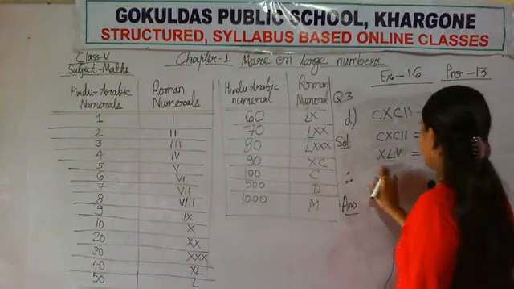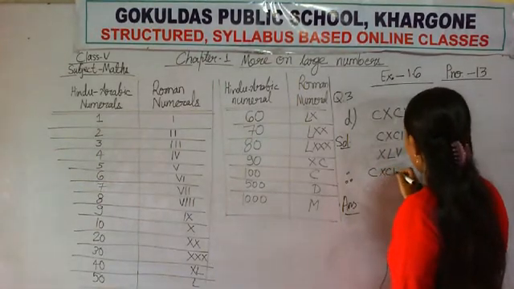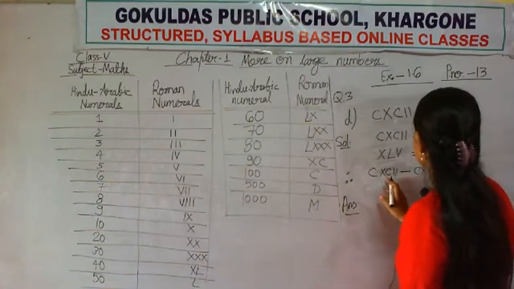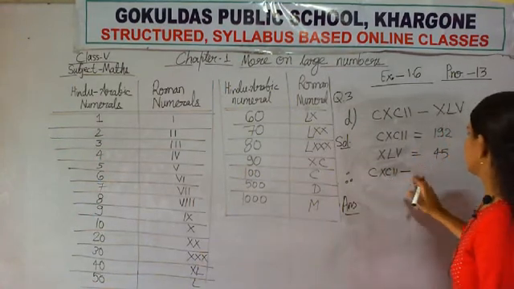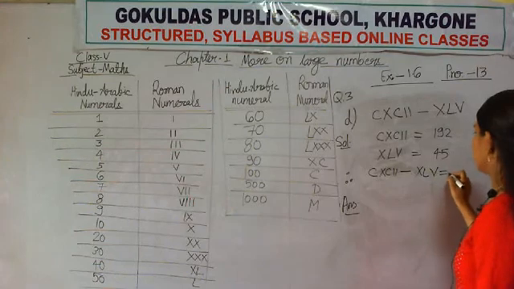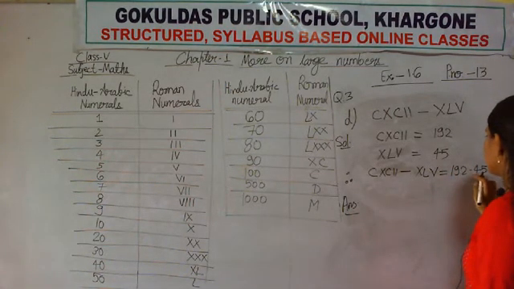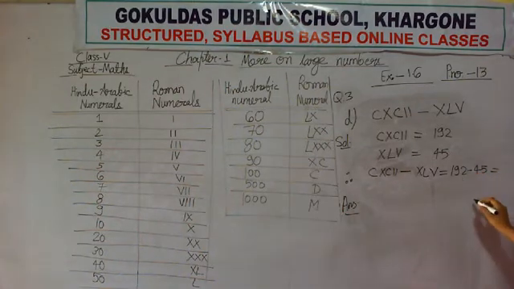Okay, let's solve now. CXCII minus XLV, that is 192 minus 45. So when you subtract 45 from 192, what will you get?